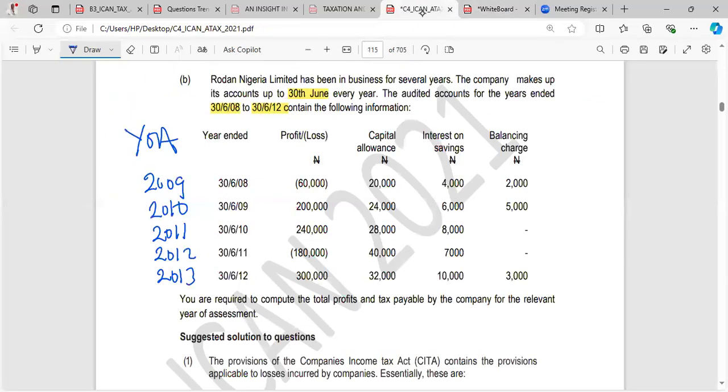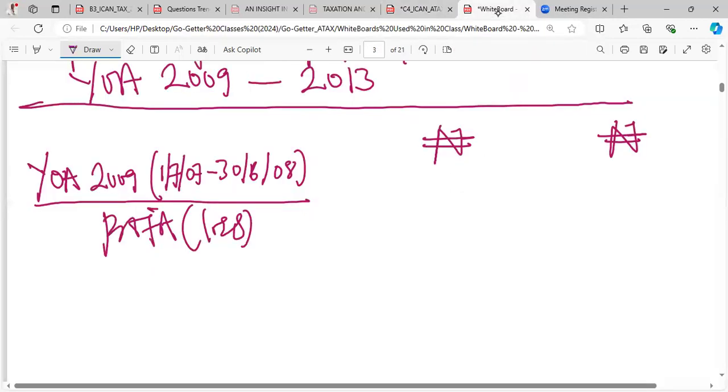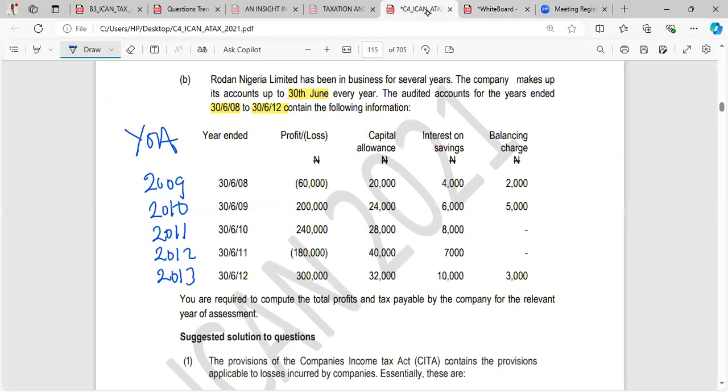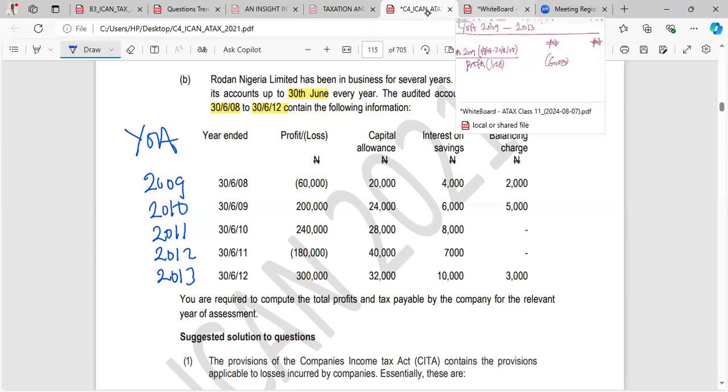So that's loss here, 60,000. So we have 60,000 here. We have interest on savings is 4,000. Interest on savings, 4,000.